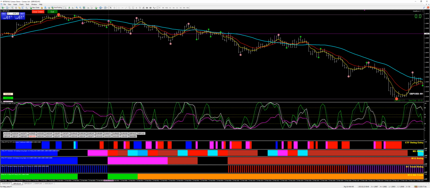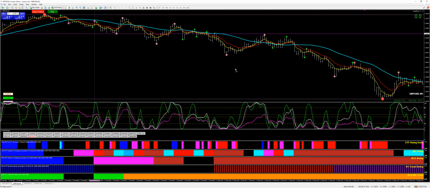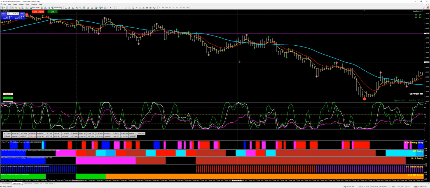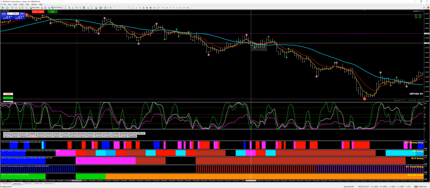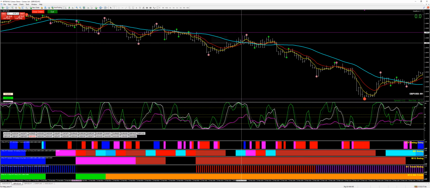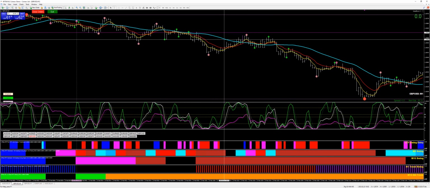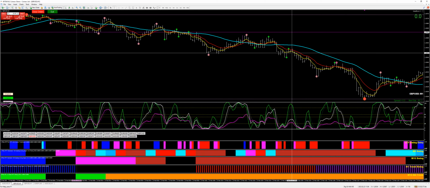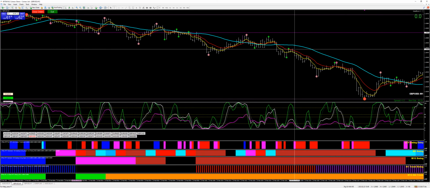So the AO is actually flat over here. You can see the slope is down, but it's not really helping us, right? The AO starts to form itself when we get our signal right here. That's our signal, and the slope has increased. You can see it really takes off over here. And there was another signal here.